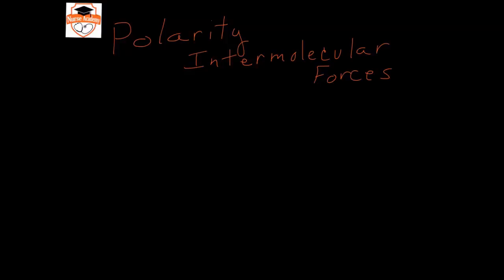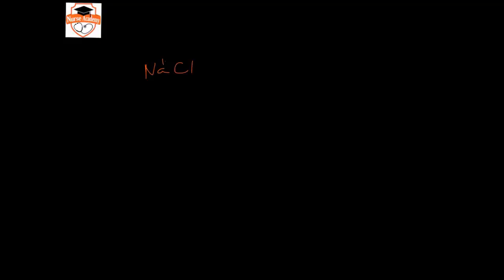In this video, we're going to discuss polarity, intermolecular forces, and states of matter. So we've discussed ionic bonds and how ionic bonds are generally a cation surrounded by anions to form a crystal, and anions surrounded by cations to form a crystal.